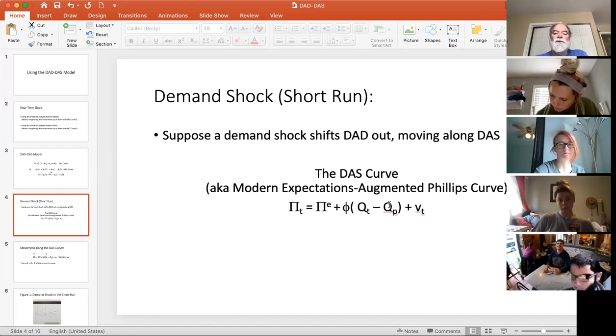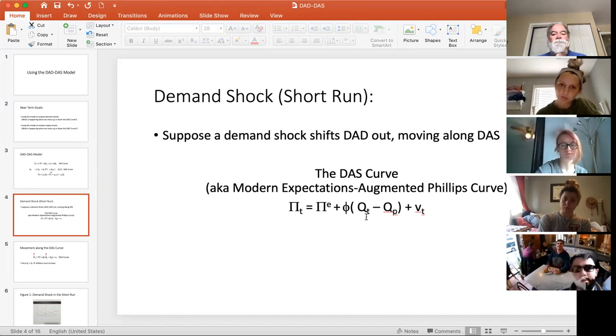So there's a Phillips curve part which measures tightness or weakness in labor markets or product markets. There's the inflationary expectations part of the story. And there's the supply shock part of the story. That's V sub T.